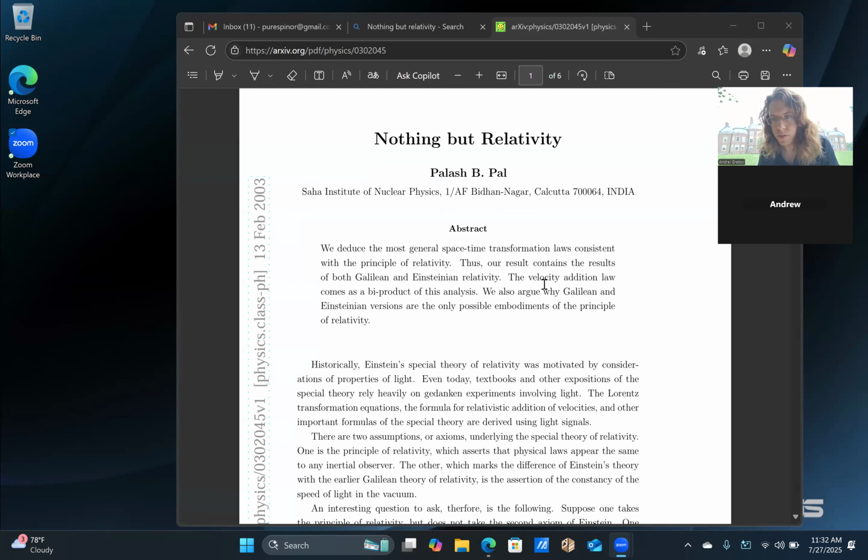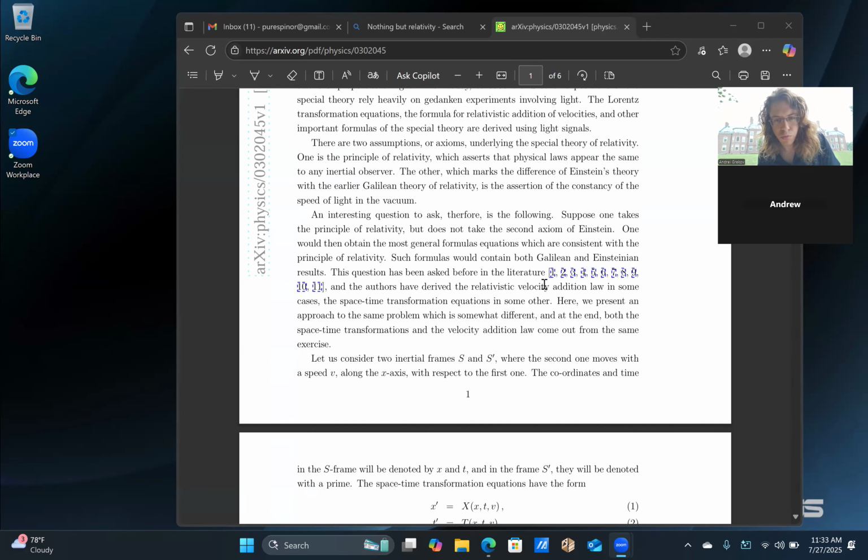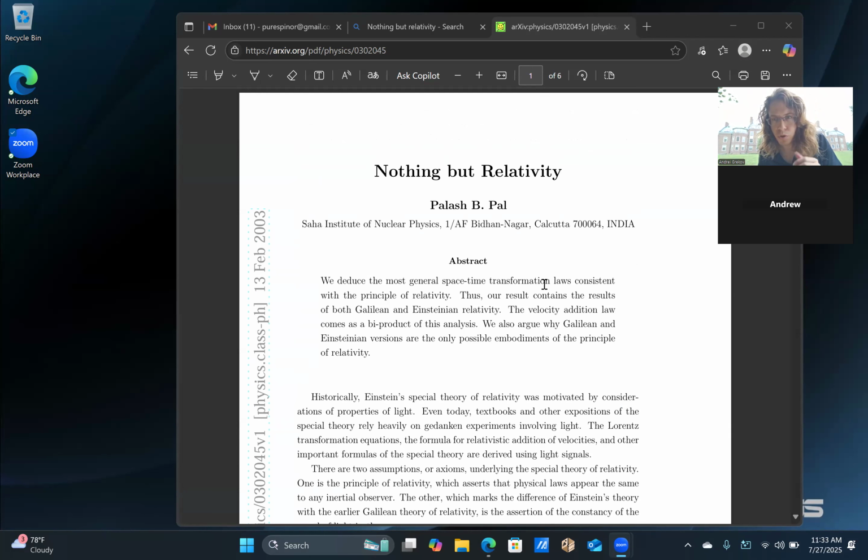So here we don't actually rely on any light behavior at all. This derivation only assumes homogeneity and isotropy of spacetime and the relativity principle, that all laws of nature are the same in all inertial frames.